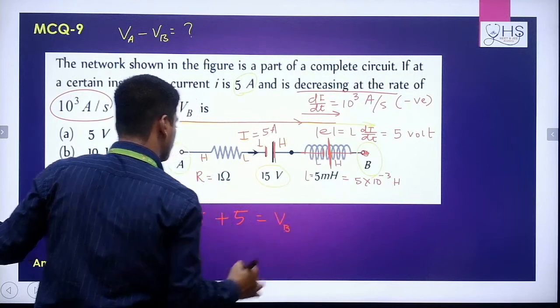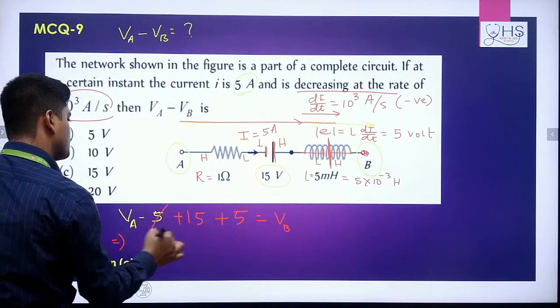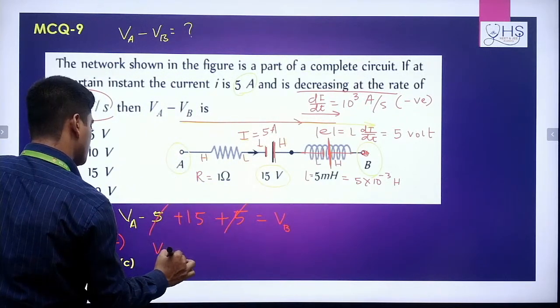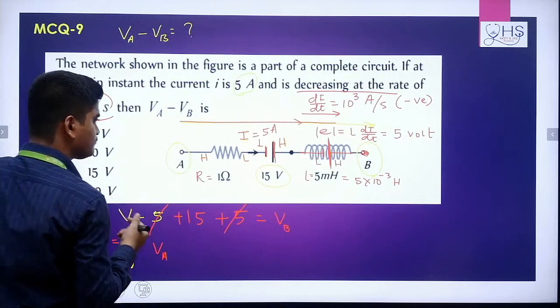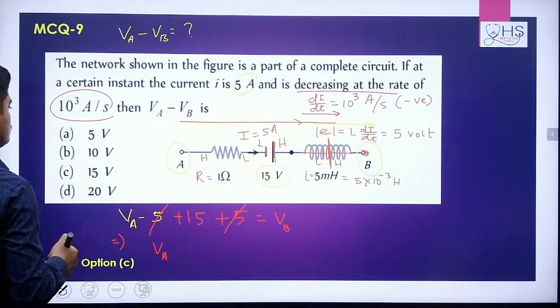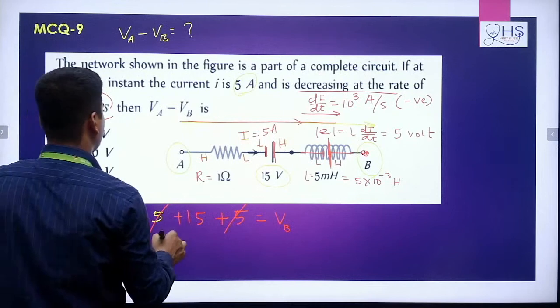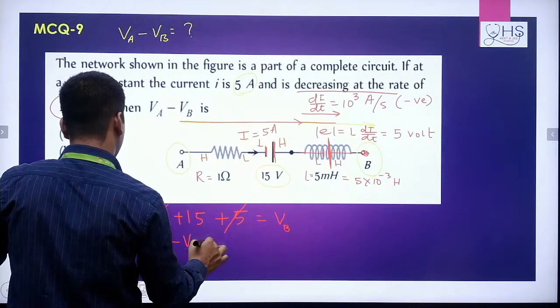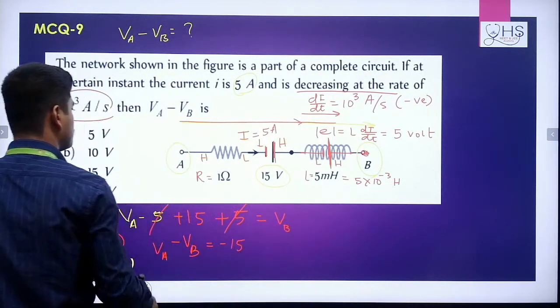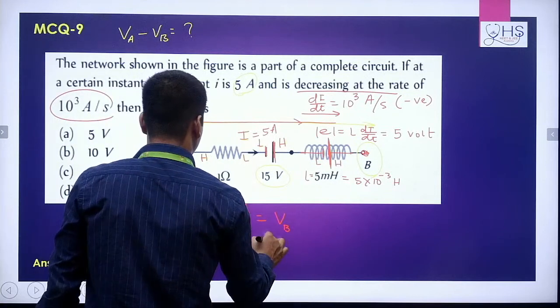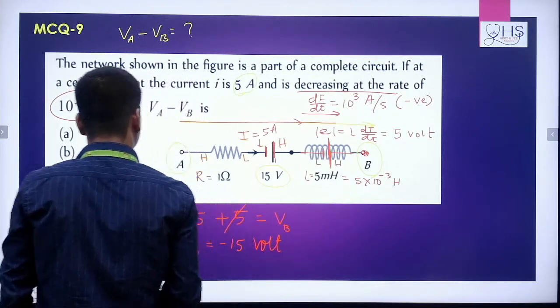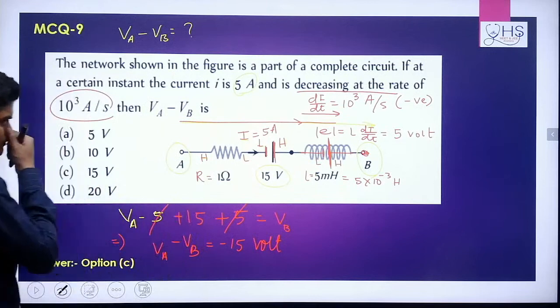So it will be VB. So now what you do? Now minus 5 plus 5 will cancel. Now VA minus VB is coming basically how much? Minus 15 volt. Okay. You can check this.